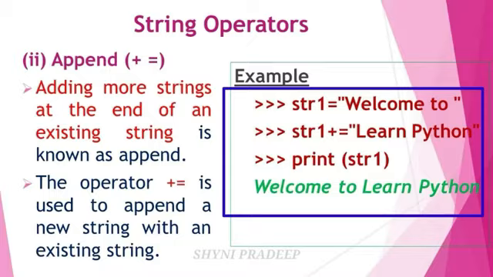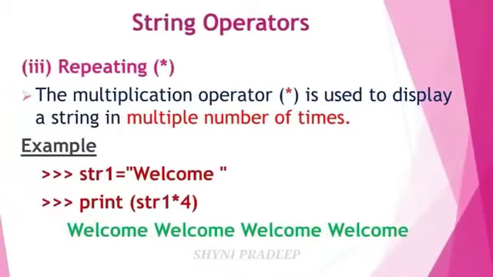Next, see repeating. The multiplication operator, the star or multiplication symbol, is used to display a string multiple times. Repeating means if you want to display a string multiple times, then you have to use this multiplication operator.